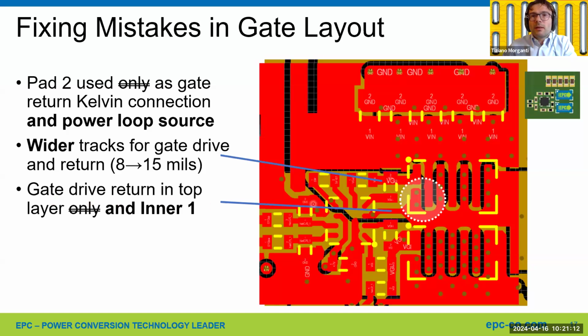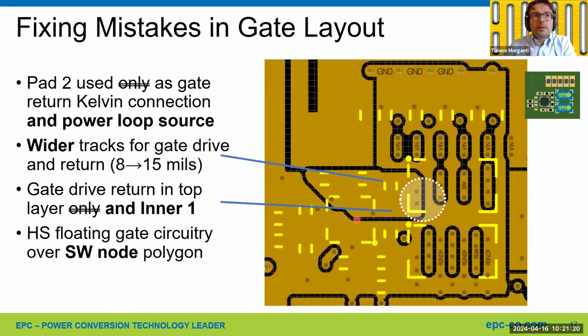We added a gate loop return polygon on the inner layer 1, and this is the polygon. And also this polygon is extended to stay below all the components related to the high-side FET gate drive circuit, including the bootstrap capacitor.